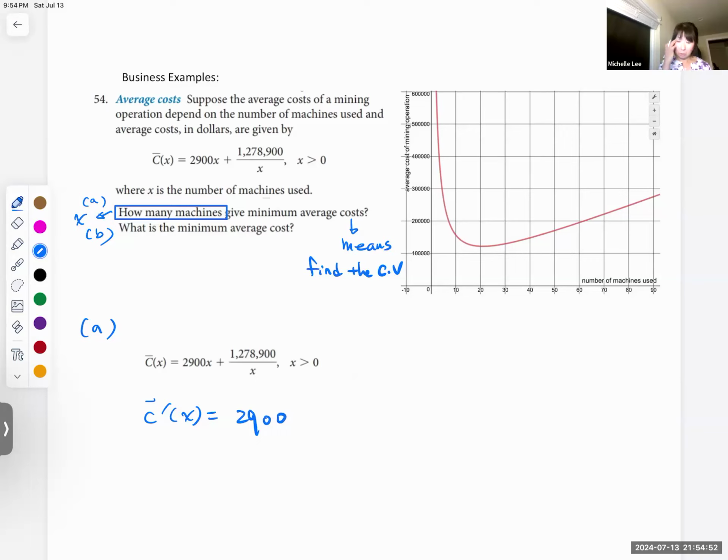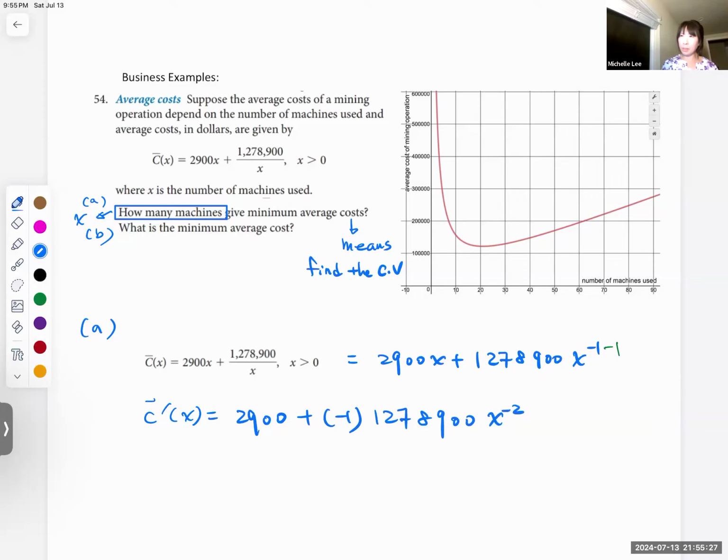And the second term, oh, we have to convert it: 20,000 plus 1,278,900 X to the negative 1. Yeah? Okay. Then for the second term, we drop the power and reduce by 1. So that will be 900 X to the negative 2, right?